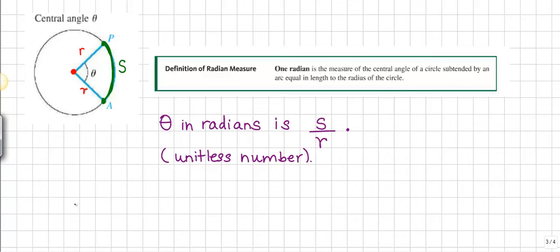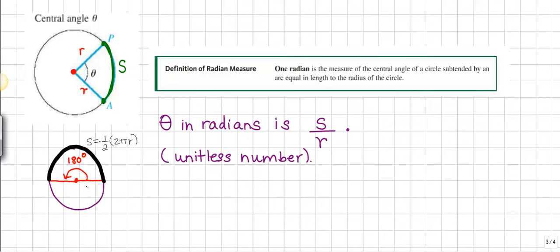Now let me give you an example. Okay, so if I were to take a central angle, and let's say I want to make this angle 180 degrees start to finish, I would know that my angle is subtended by an arc whose length is half the total circumference of the circle.